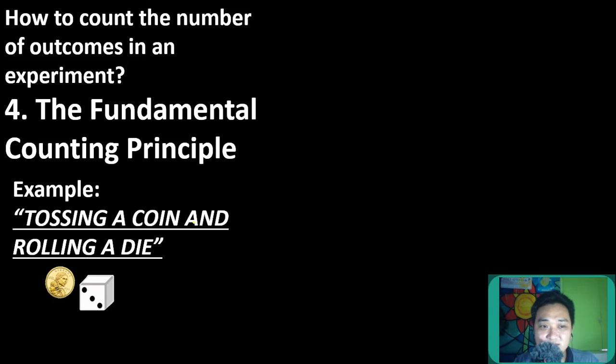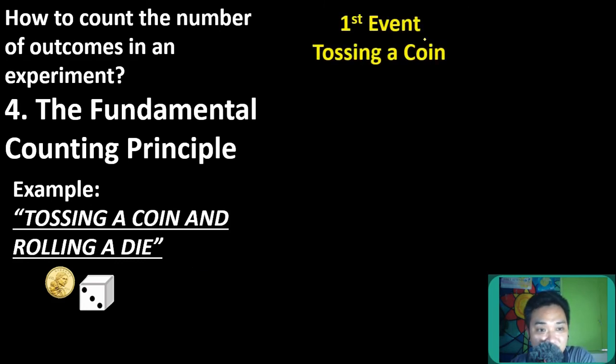Let us have some more examples. Let's say we want to toss a coin and roll a die. So our experiment has something to do with tossing a coin and rolling a die. Again, our first event is tossing a coin with 2 possible outcomes.